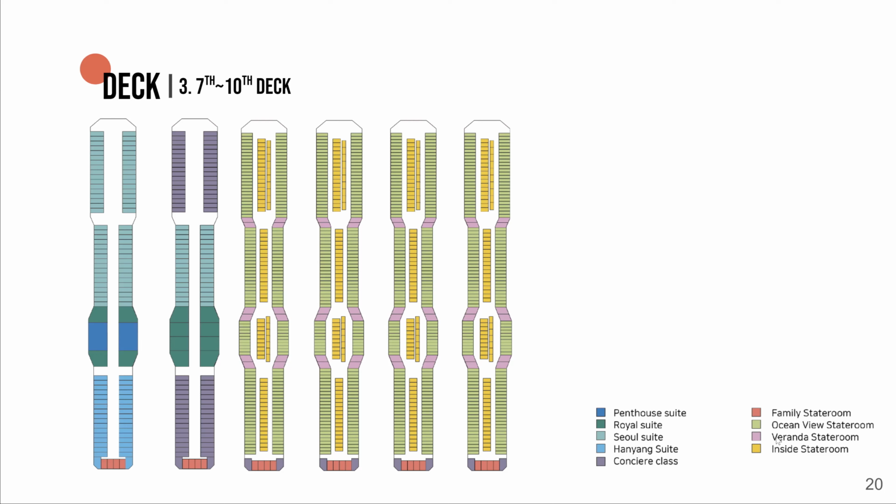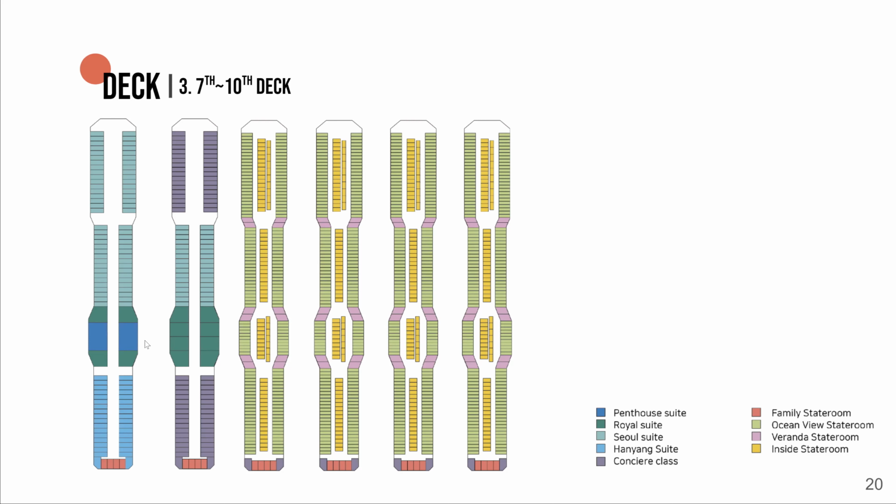And the ocean view stateroom and the inside stateroom will make up most of the rooms, as they're catered towards the majority of our customers. So there will be the normal level rooms.